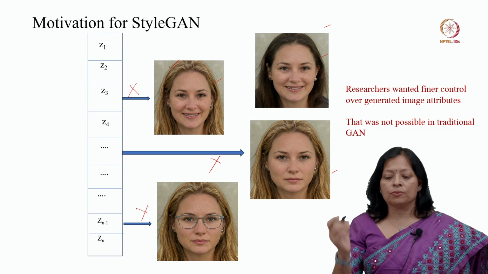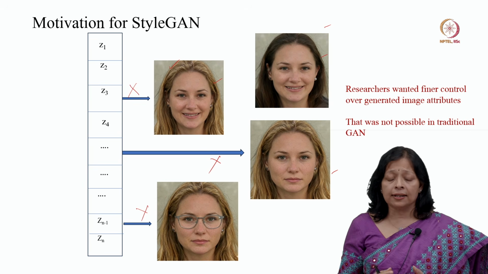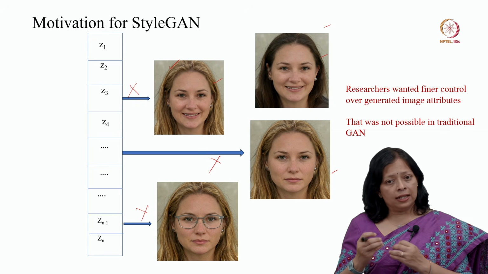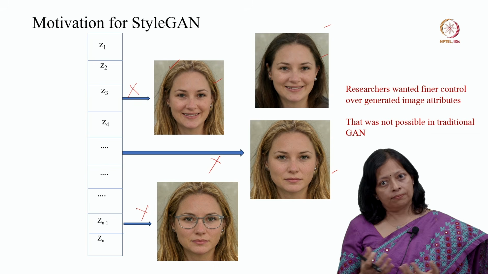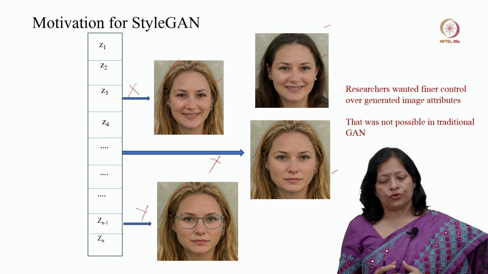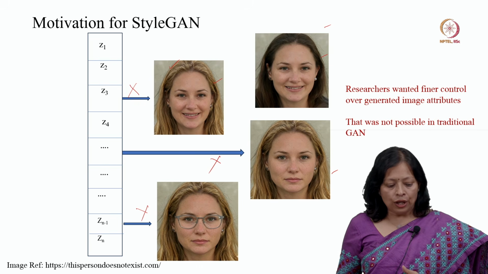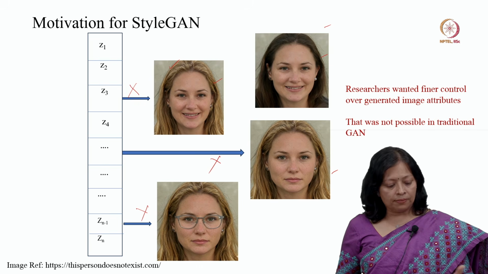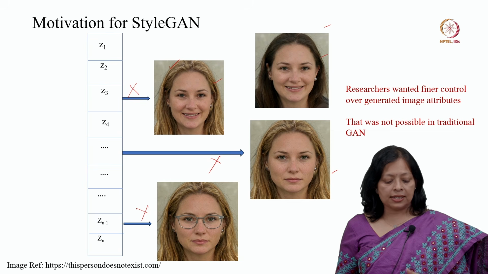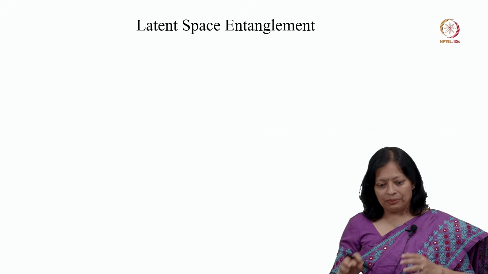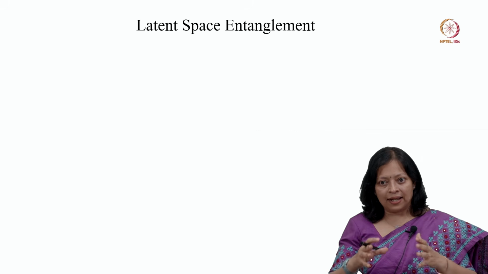Image attributes in this case can be the hair color, the smile, the glasses on the face. Those are the image attributes and this was not possible in traditional GANs. I have taken these images from a website called thispersondoesnotexist.com, entirely for explaining this concept.